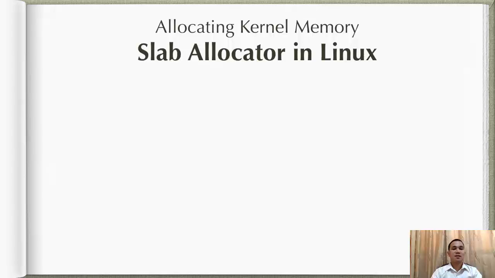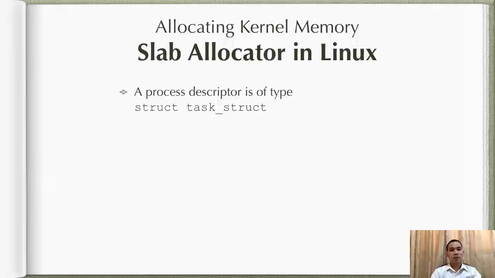Let us see the slab allocator in Linux. Note, in Linux, a process descriptor is of type struct task_struct.